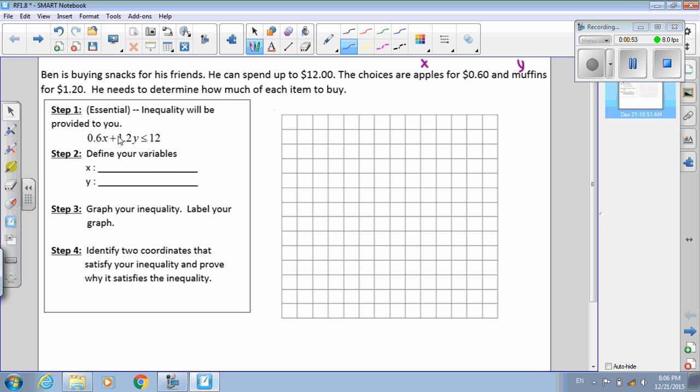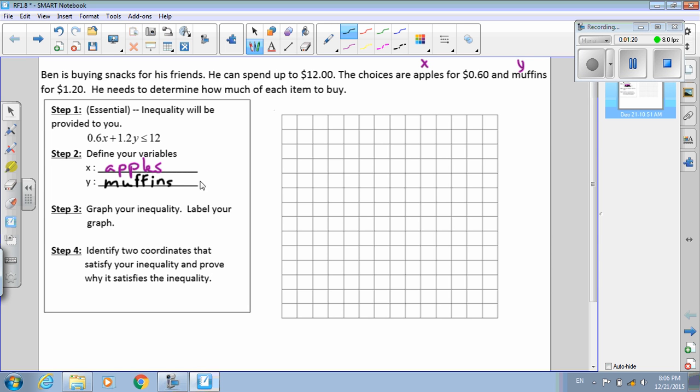If you look at your equation, the 60, the coefficient for the x value, is in reference to 60 cents, which is in reference to the apples. So x would be apples, and y would be muffins. What kind of muffin, you might ask? I don't know, bran maybe. Healthy option. Okay, graph your inequality, label your graph.